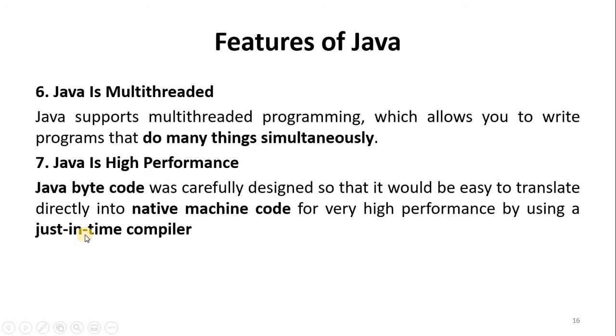The JIT compiler makes use of the high performance system by using the native machine code. So bytecode is the beginning. Bytecodes are actually machine code that cannot be understood by the user, as I said earlier. These machine codes are generated by the just-in-time compiler, and will be executed by the JVM.